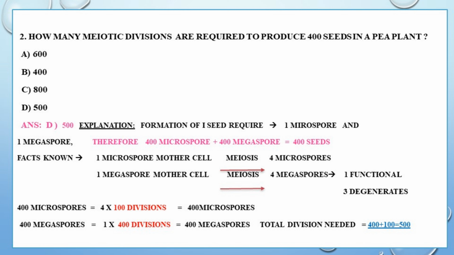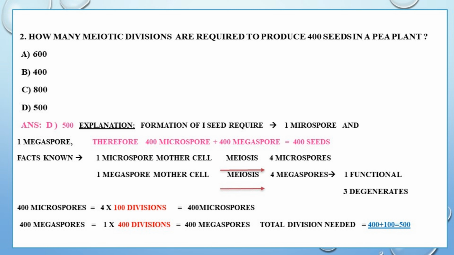So here we need 100 divisions to produce 400 microspores. In one meiotic division we'll get 4 microspores. So in order to get 400 microspores, we need 100 divisions.